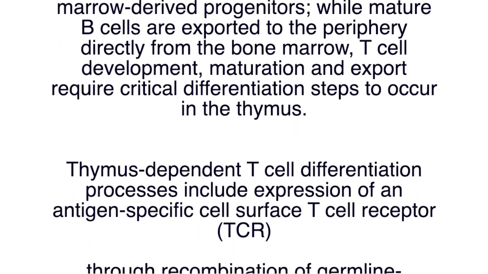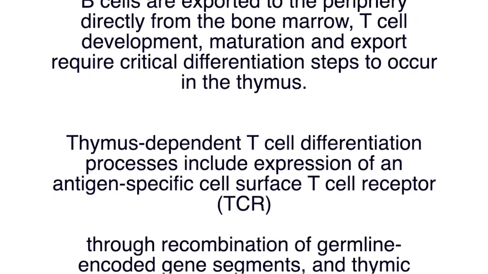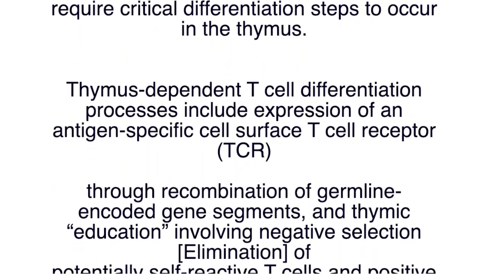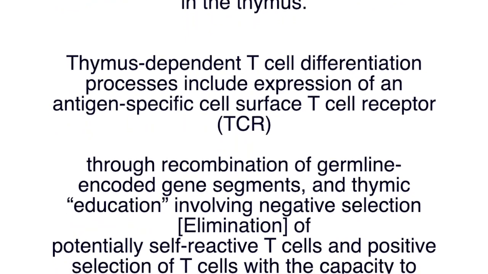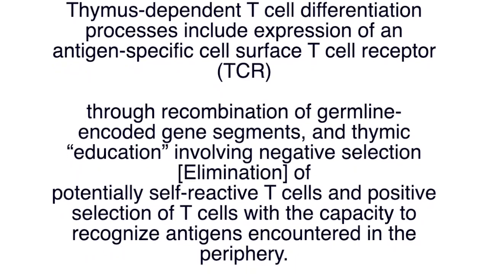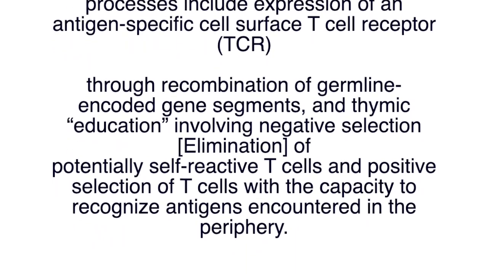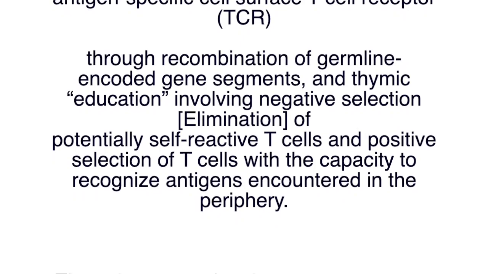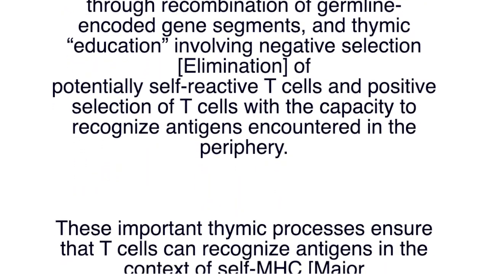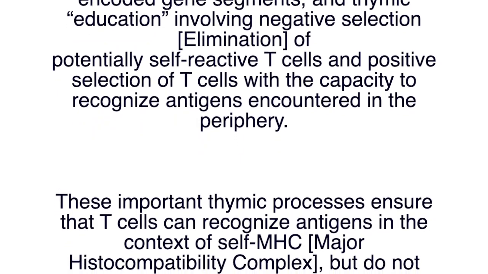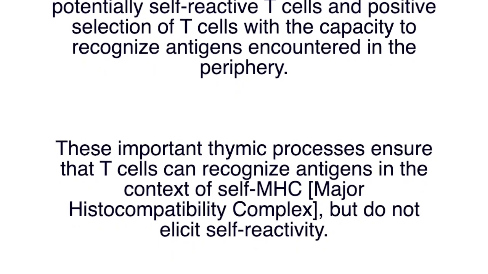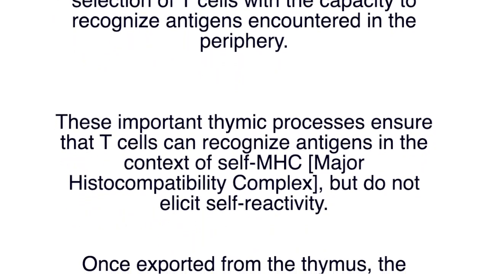Thymus-dependent T cell differentiation processes include the expression of an antigen-specific cell surface T cell receptor (TCR) through recombination of germline-encoded gene segments, and thymic education involving negative selection, that is elimination of potentially self-reactive T cells, and positive selection of T cells with the capacity to recognize antigens encountered in the periphery.